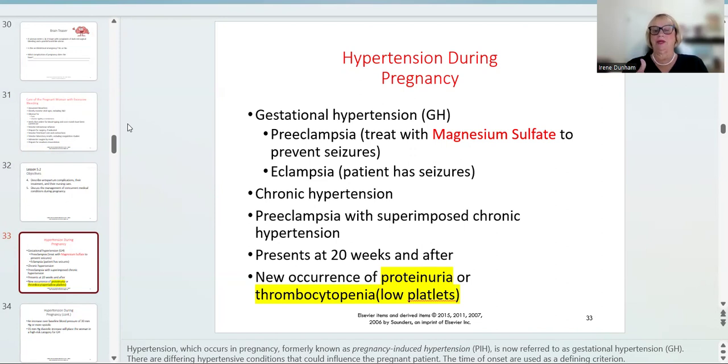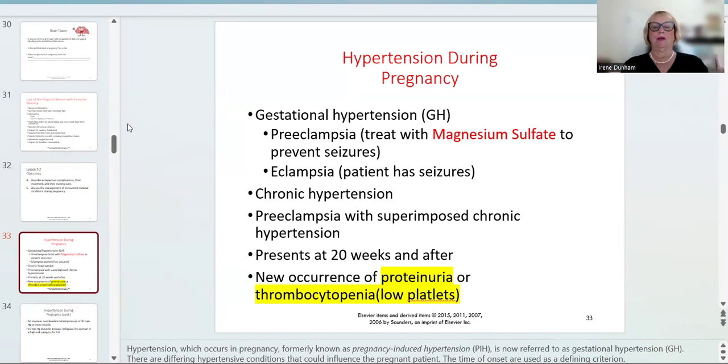Now the eclamptic patient is the preeclamptic patient that had a seizure. Say that patient, like I told you before, was coming up the elevator with the paramedics and she was already seizing. She was already in eclampsia. So I knew that patient was very sick.